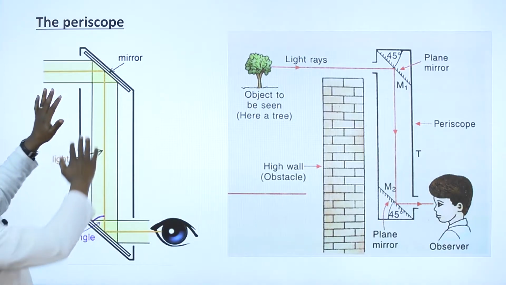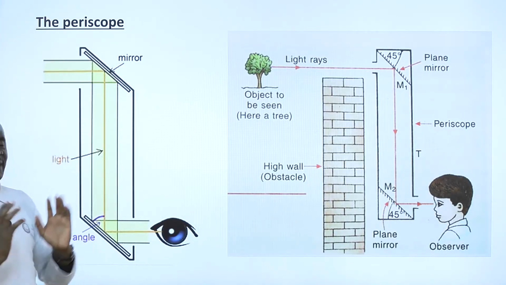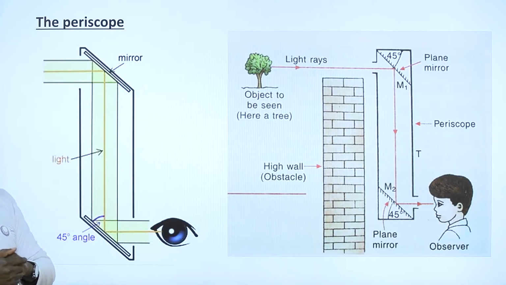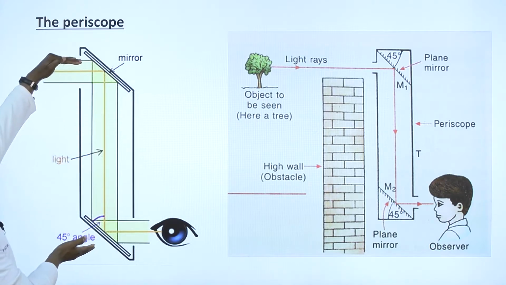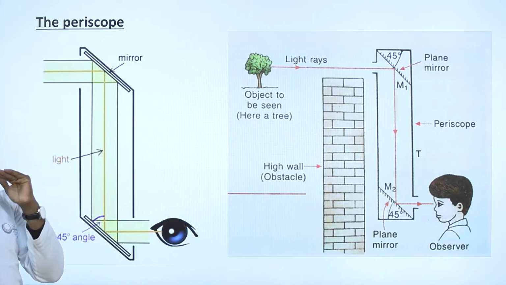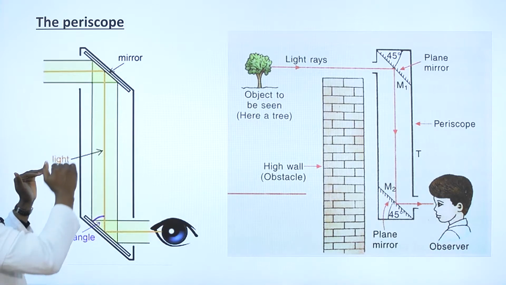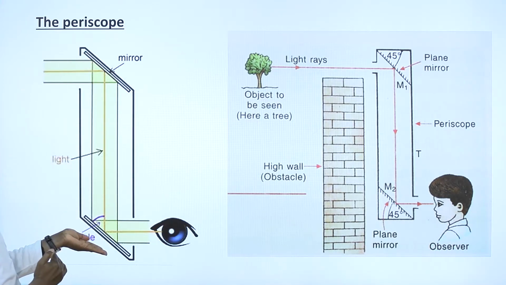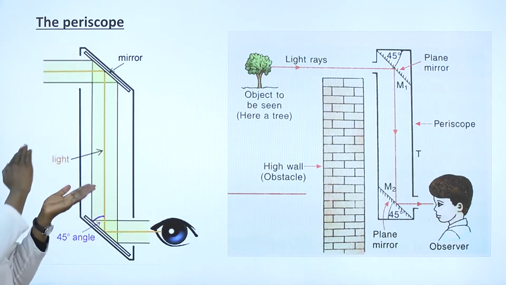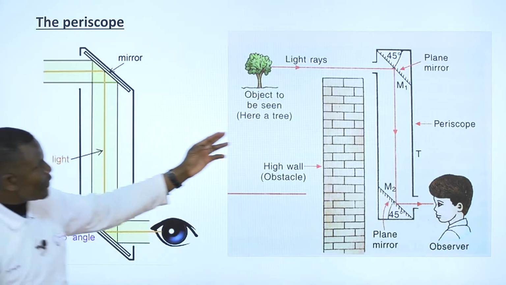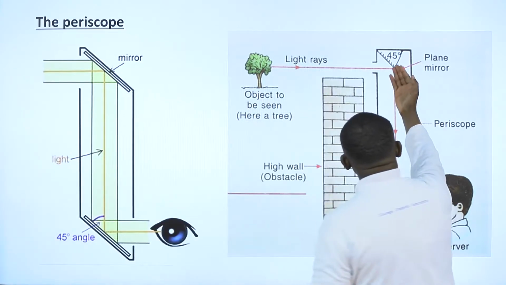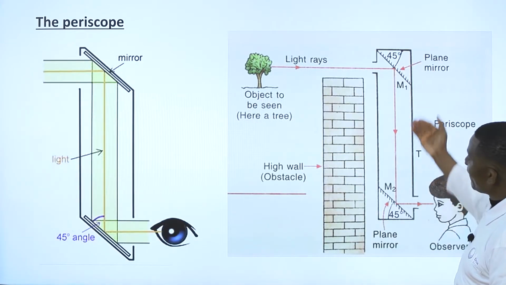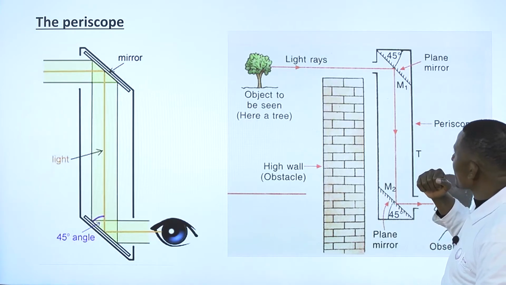Now, this is a periscope, boys and girls. A periscope uses two mirrors. There is one mirror on the top and the other down. These two mirrors are at an angle of 45 degrees.